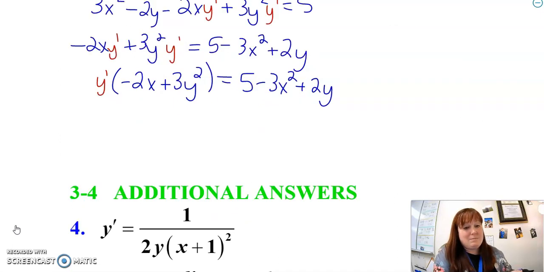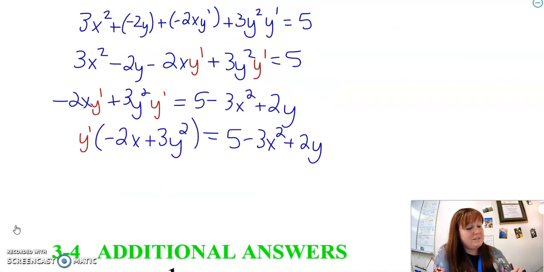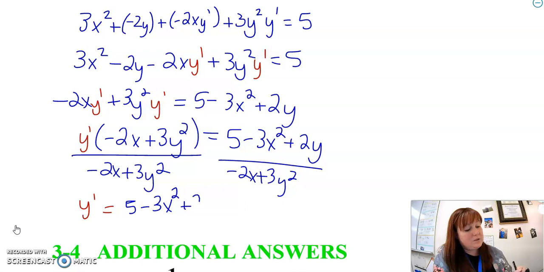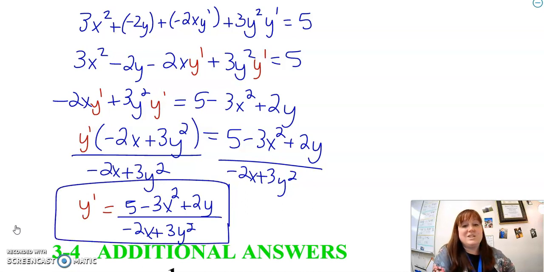And now I can get my y prime all by itself by just dividing by negative 2x plus 3y squared, and I think I can just barely fit it in here. So I have y prime equals this whole mess, 5 minus 3x squared plus 2y over negative 2x plus 3y squared. That is your final derivative.